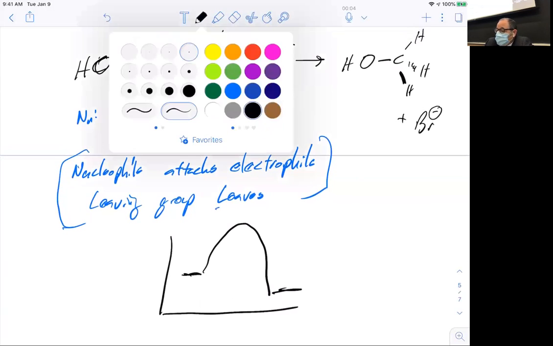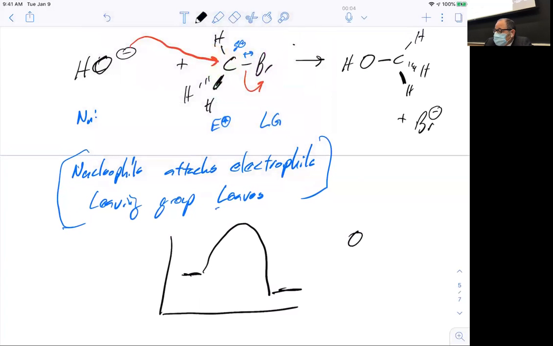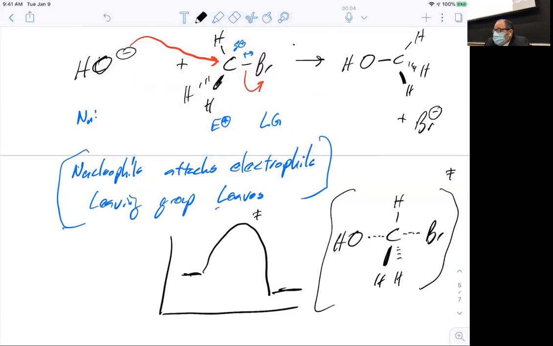And the transition state would be the nucleophile coming in while the leaving group, the bromide in this case, is leaving, right? So this is our transition state. So we have partial negative, partial positive.